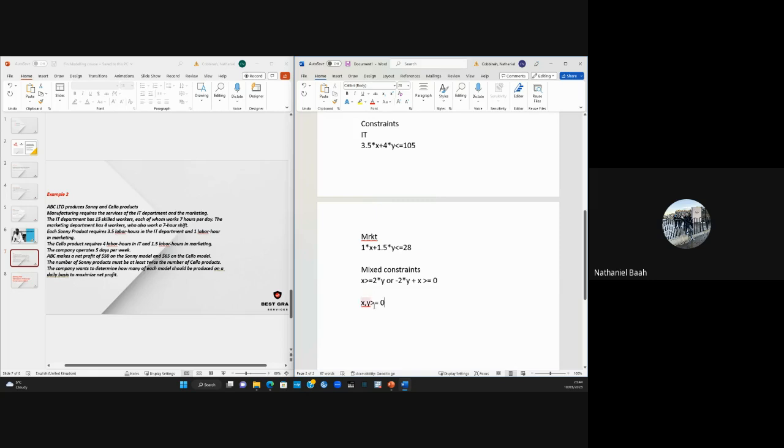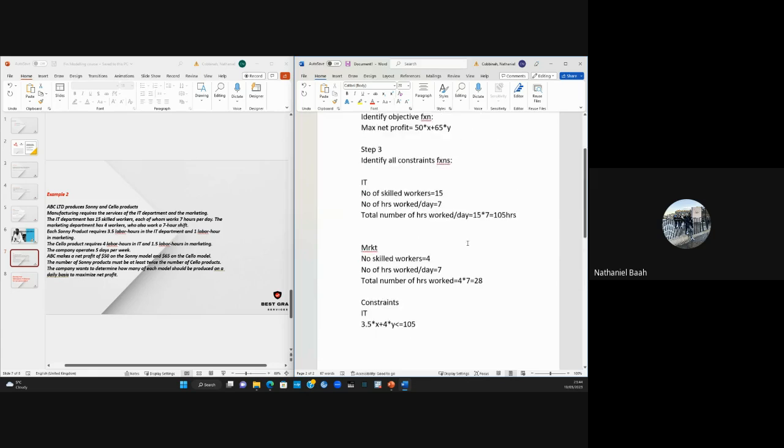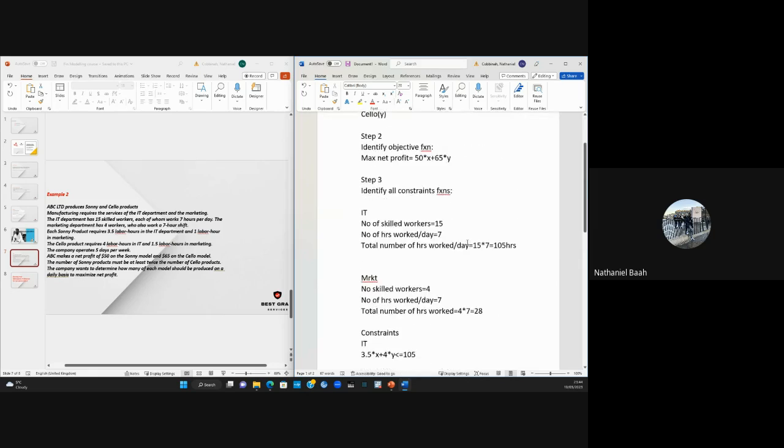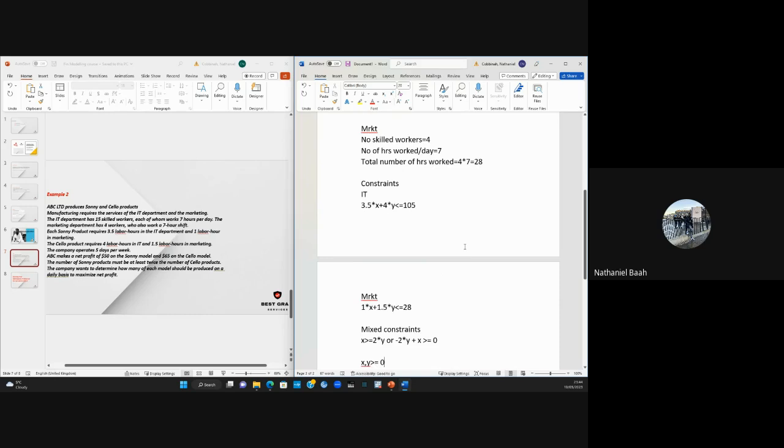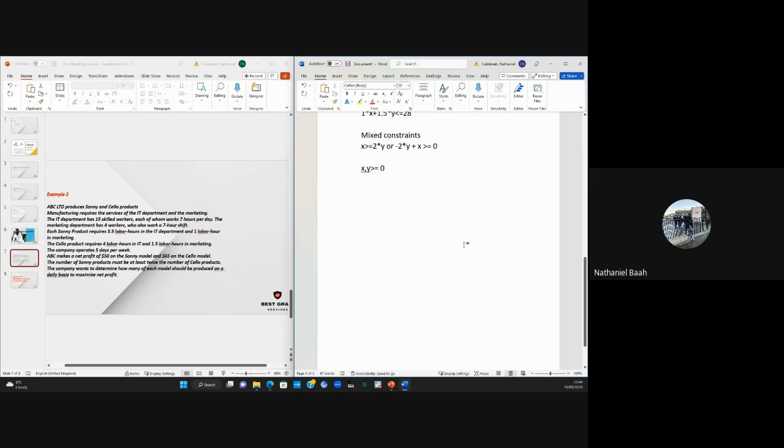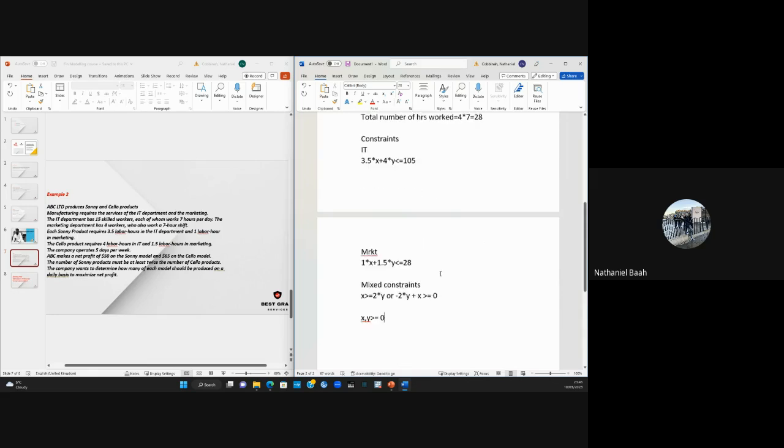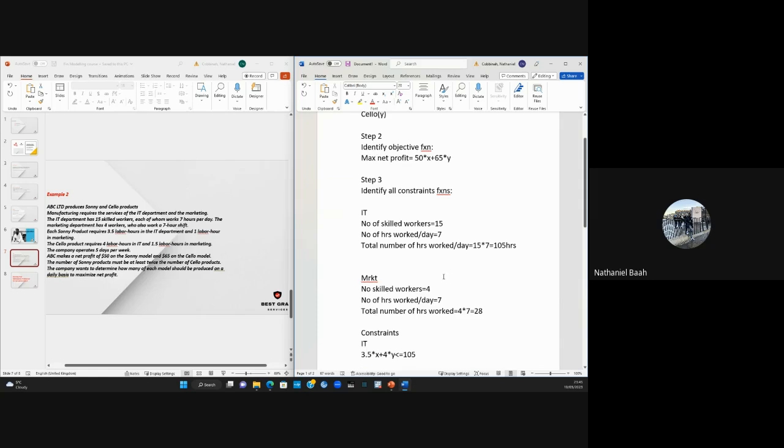Great. So having found all the constraints and the objective function, let's move forward and see how to find the optimization value. So what I'll do right now is to stop sharing. So first, let's use Excel.